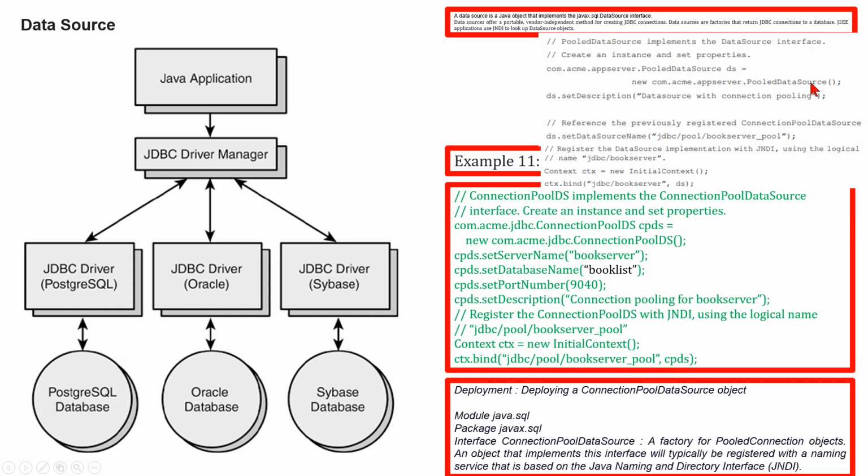Here the PoolDataSource implements the DataSource interface; create an instance and set properties. Reference the previously registered connection pool data source. Register the data source implementation with JNDI using the logical name jdbc/bookserver.